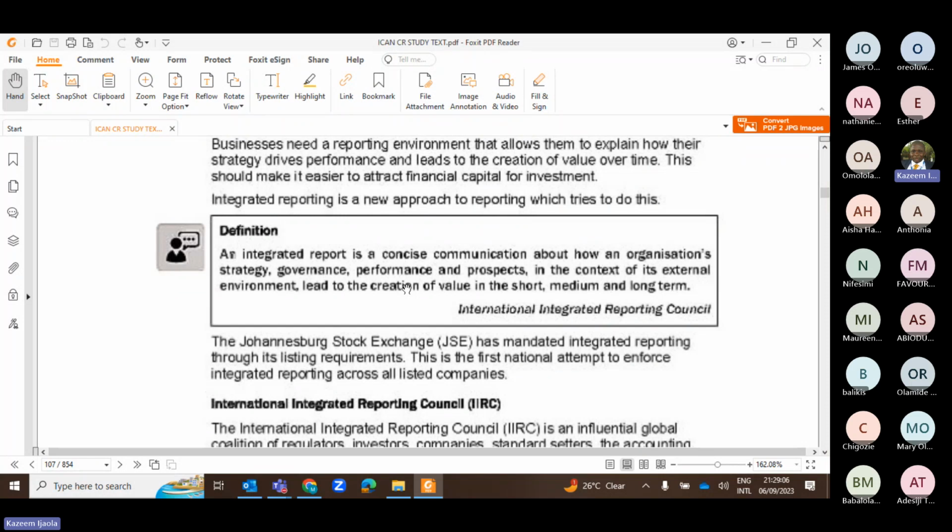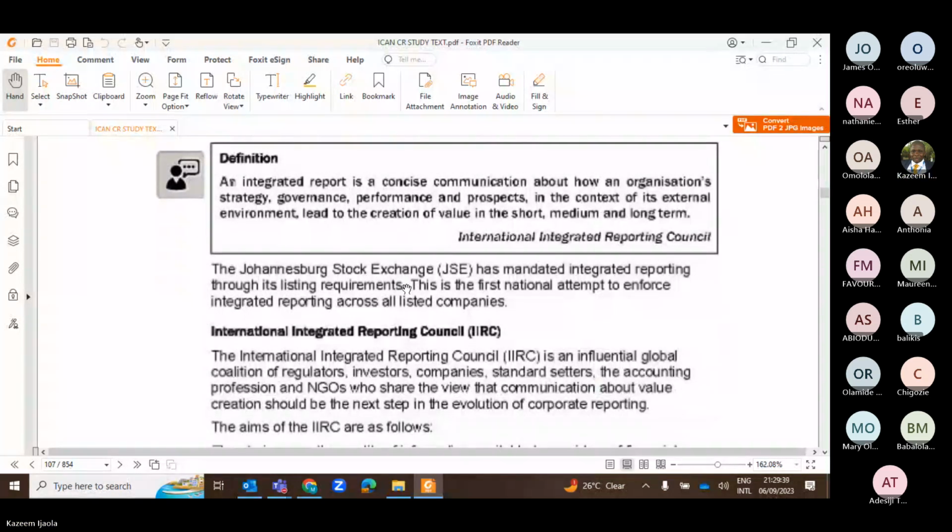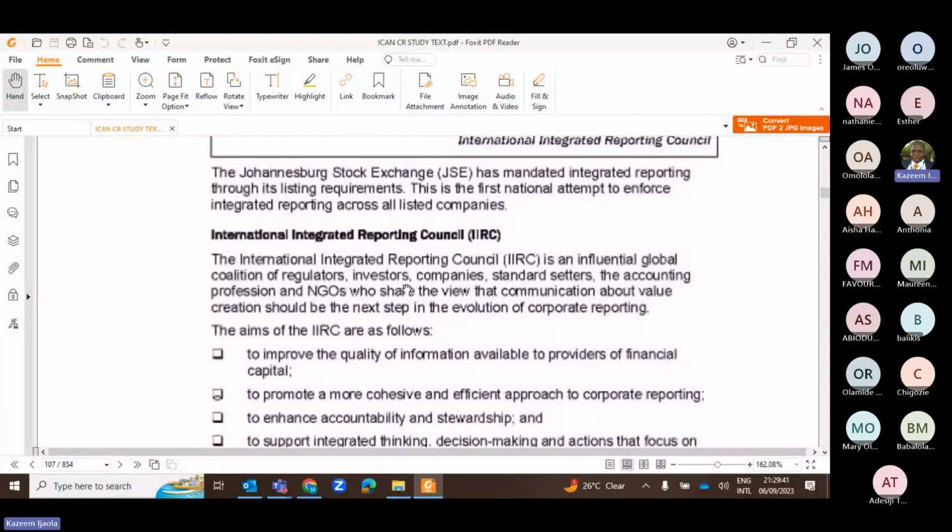So whatever strategies you have adopted now, how will those strategies result in value creation in the short, medium, and long term? That is exactly what integrated reporting is all about.